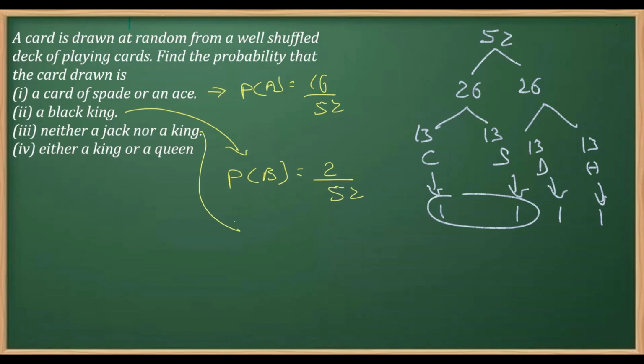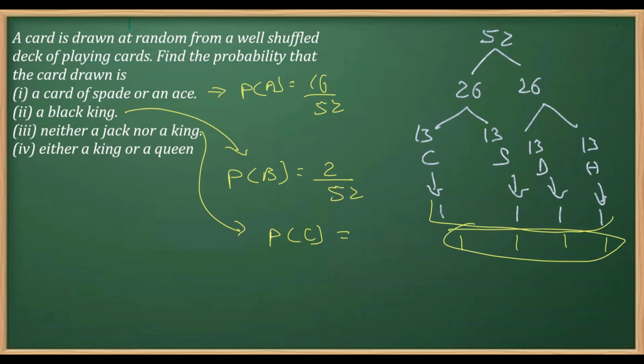The next one is the C part, the third part, P(C): neither a jack nor a king. How many jacks are there? As I said, 4 jacks, 4 kings, 4 queens. We have to exclude these 4 jacks and these 4 kings.